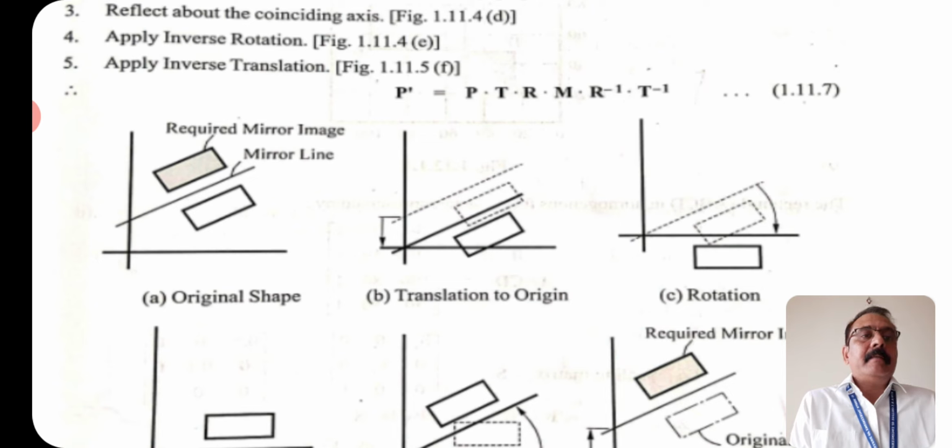Therefore CT, the concatenated or composite transformation matrix, becomes T R into M into R inverse into T inverse, and the final position of point P dash is achieved by multiplication of the P matrix, that is the original position, into the translation matrix, into the rotation matrix, into the reflection matrix, that is the mirror matrix, into the inverse rotation matrix, into the inverse translation matrix.